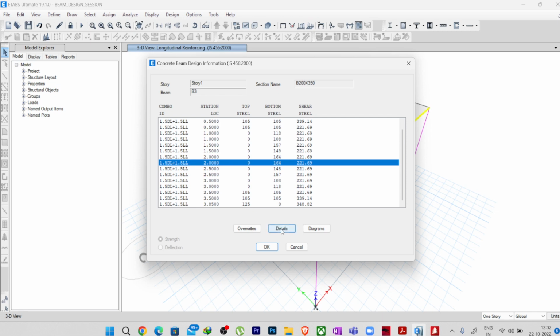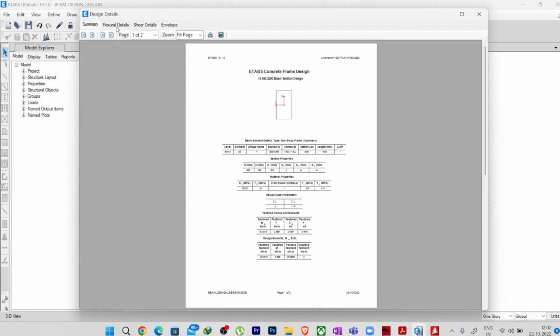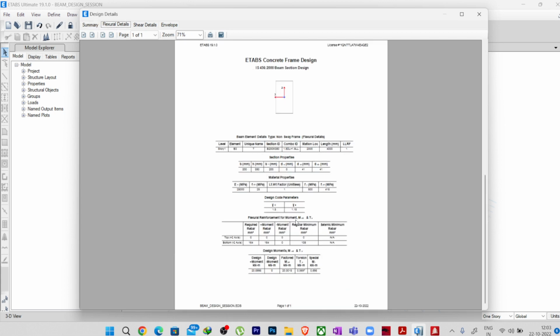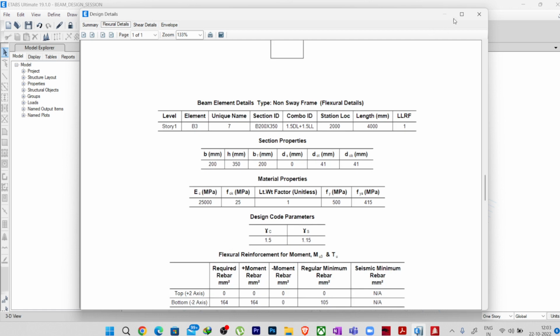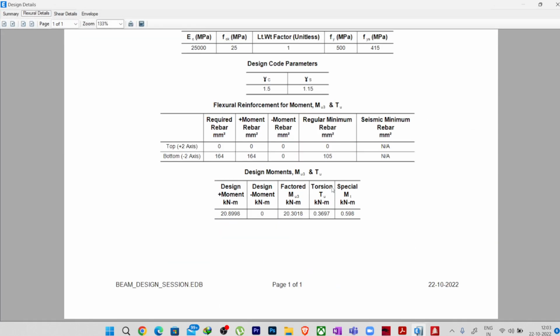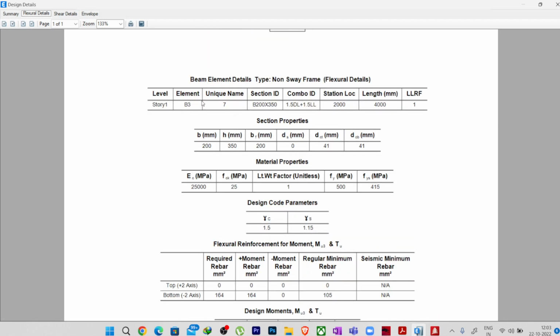So I'll click on details here, and first, as I can explain the flexural design, I'll go to flexural details here. If you see, let me make it a bit bigger. If you see here, these are the definitions that we have provided: section of beam, what load combination it is critical for, at what location we are seeing the design, and what the total length of the beam is.